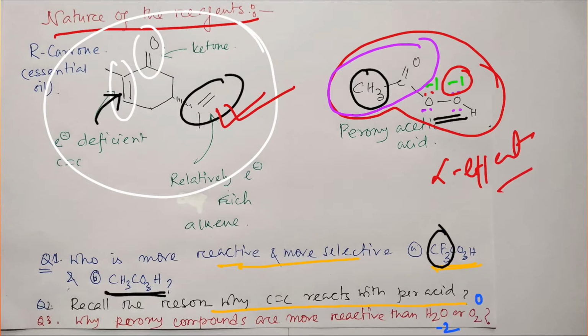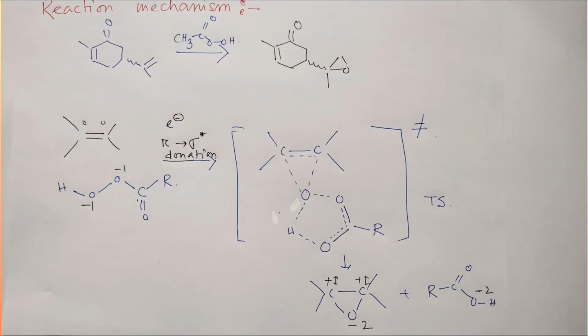Now if we look at the reaction mechanism, look very closely. This is the organic molecule. As I told you, this double bond will undergo epoxidation. By the way, I've already discussed the mechanism in a previous lecture, so I'm not going to explain it here. Please visit that lecture. Here I want to tell you the transition state.